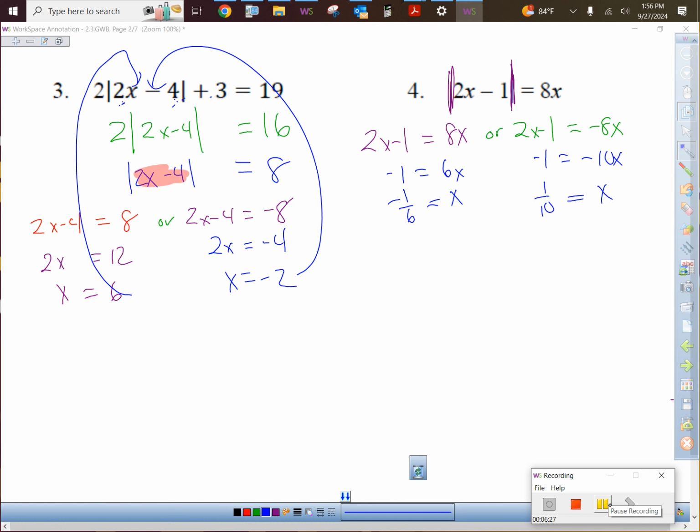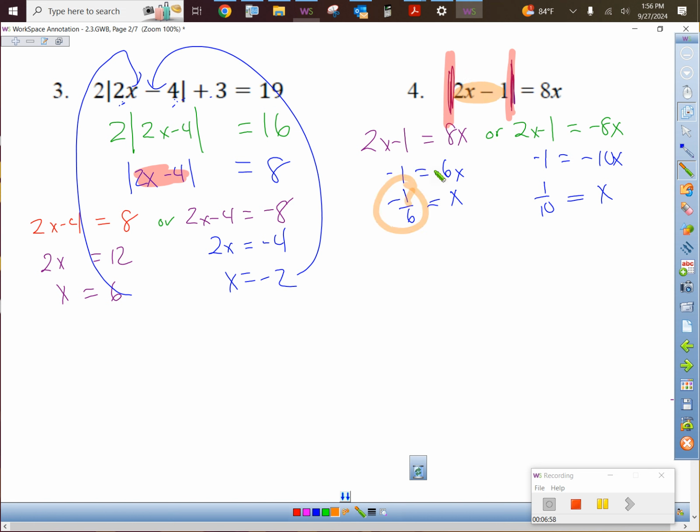I can check these way faster than you think because I have algebra experience. Talk to me real fast. If I have something inside of these bars, that orange thing, and I take its absolute value, what will it always turn out to be? Say positive. It has to come out positive. If I substitute a negative 1/6 in for x, it's got to go in both spots.